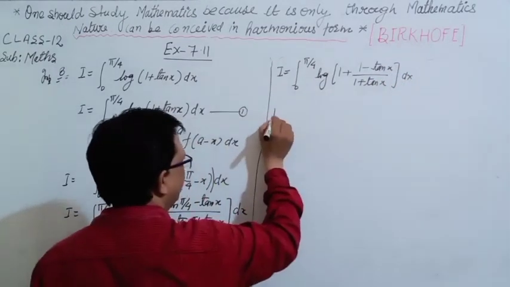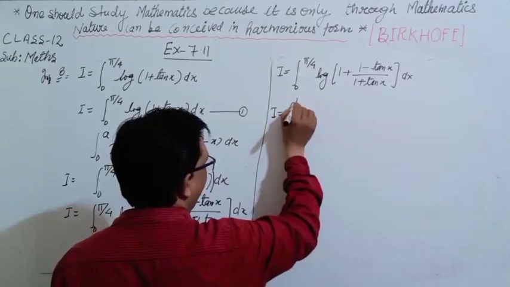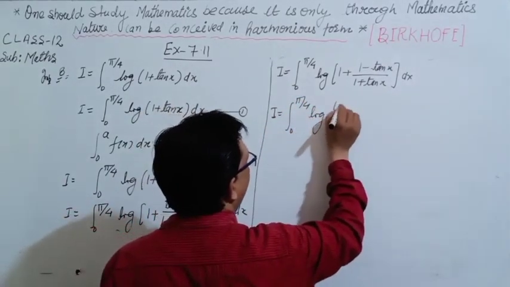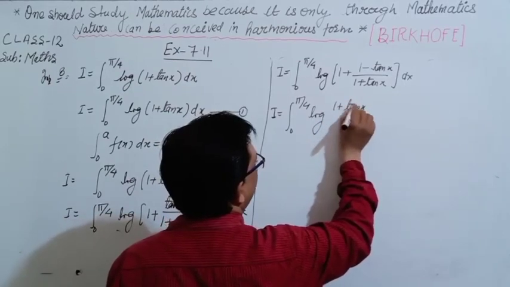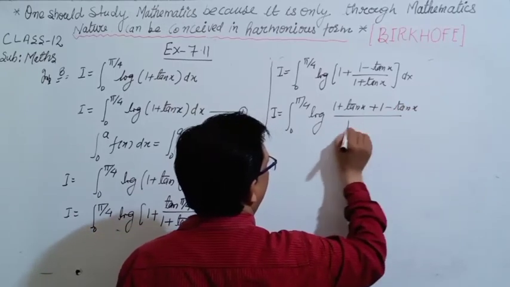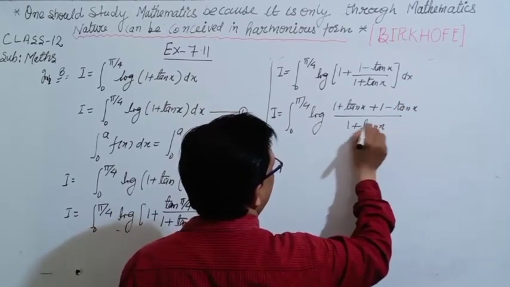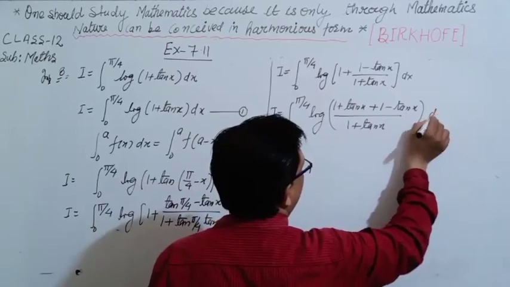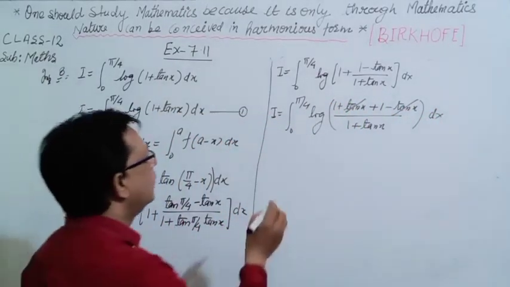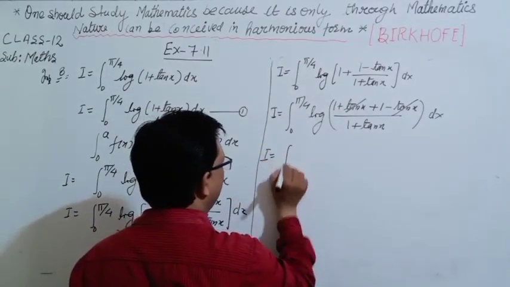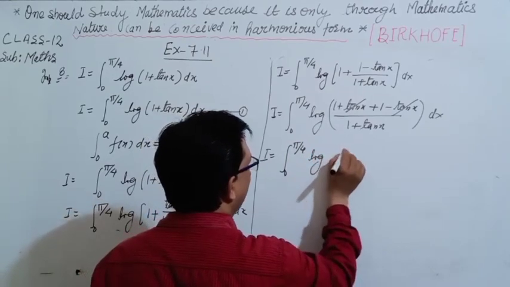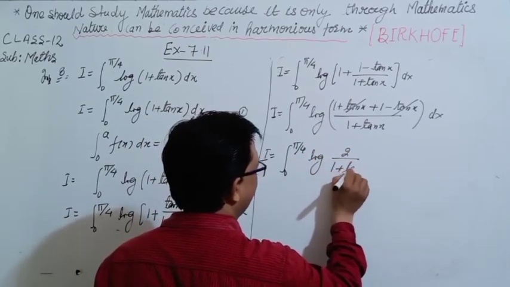Now taking the LCM, after taking the LCM we get log((1 plus tan x plus 1 minus tan x) upon (1 plus tan x)) dx. And here we see that the tan x cancels out. So this integral becomes 0 to pi by 4 log(2 upon 1 plus tan x).